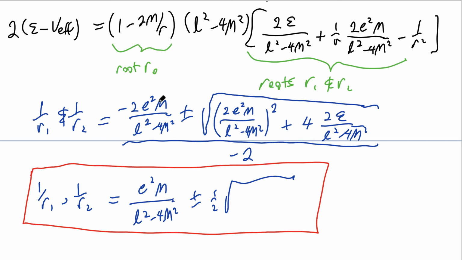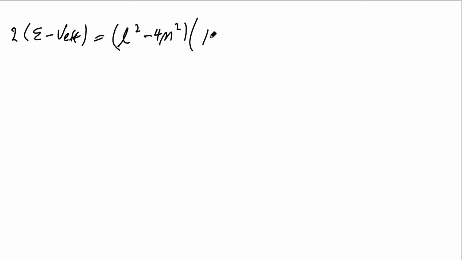And now we can write our polynomial in the following way. We have 2e minus v effective equals, let's write this factor first, L squared minus 4m squared. Then we have 1 minus 2m over r, that's the factor that gives the root r0.